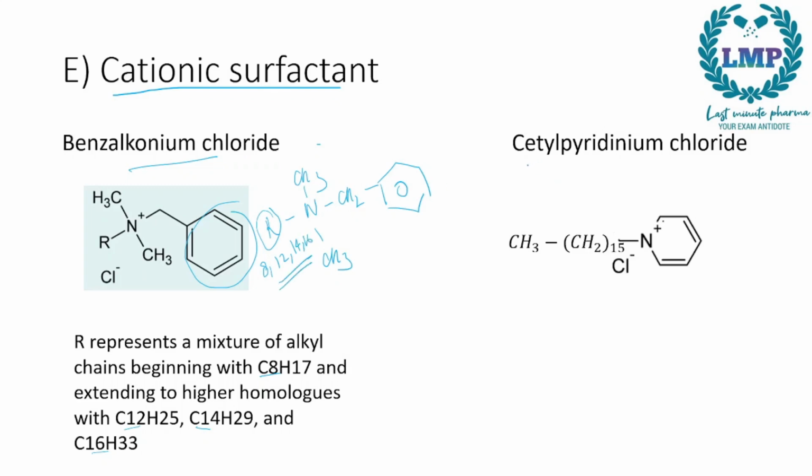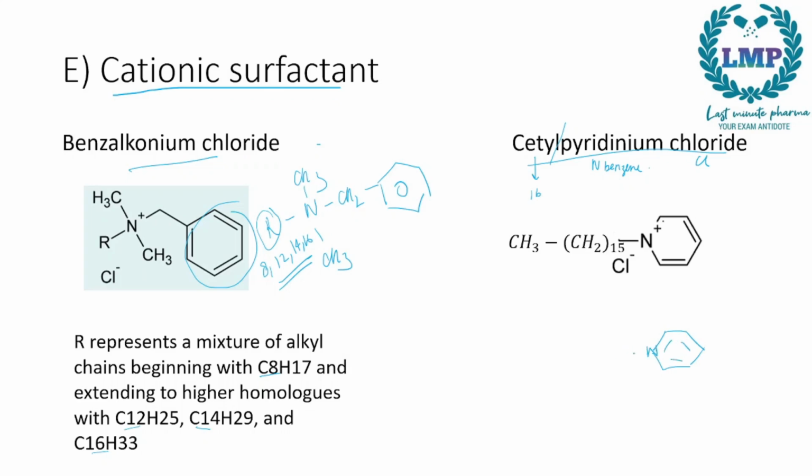Next we have cetyl pyridinium chloride. Cetyl would be 16. Pyridinium is 1 nitrogen in a benzene ring and chloride. So we have a pyridinium first to be drawn as a 6-membered double bonded ring with a nitrogen.